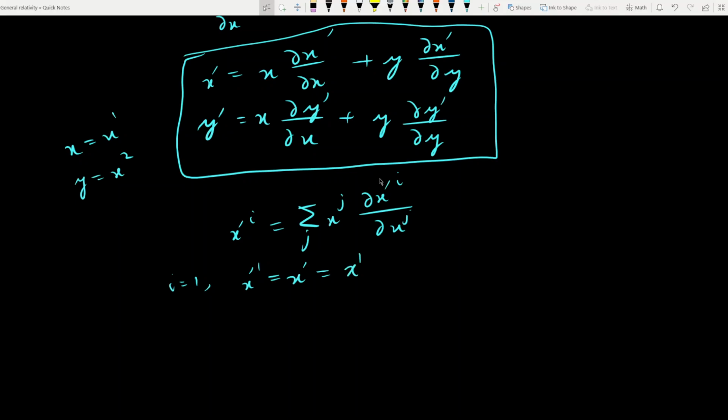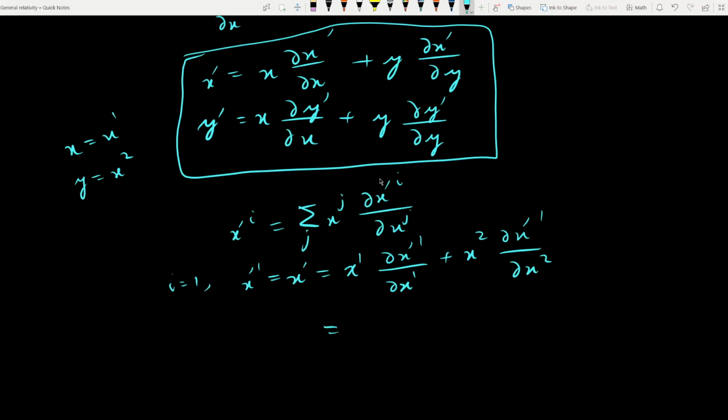So this would turn out to be x1 del x primed 1 over del x1 plus x2 del x primed 1 over del x2.